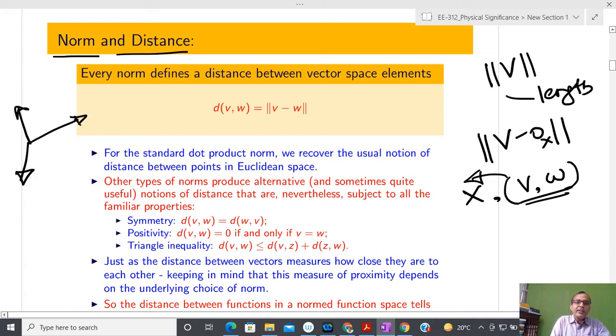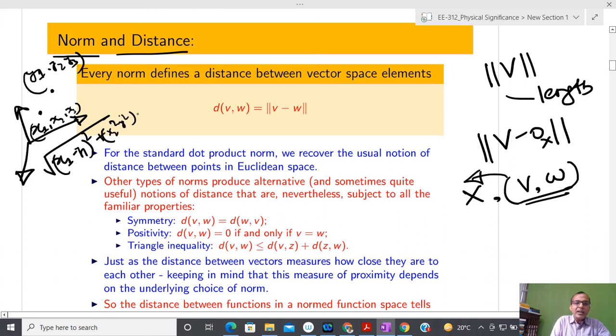If you remember from trigonometry, suppose I have this point and this point, represented as x1, x2, x3, and this is y1, y2, y3. Then distance we define as the square root of (x1 minus y1) squared plus (x2 minus y2) squared plus (x3 minus y3) squared.